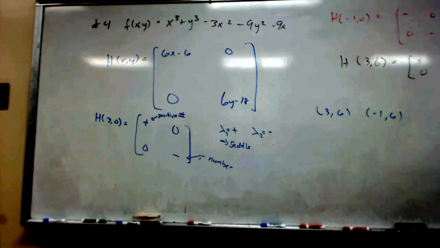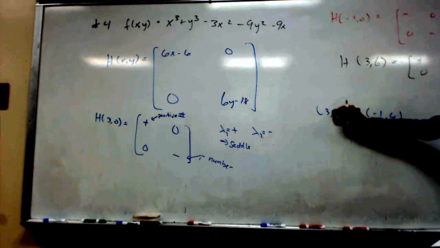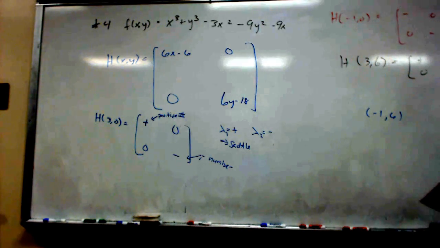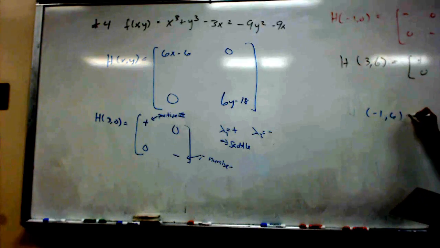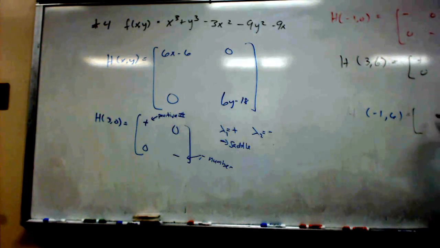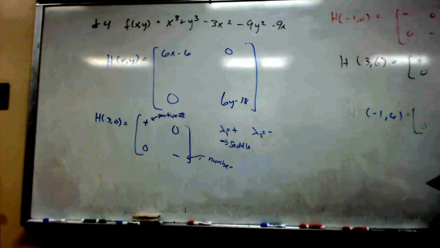So it's concave up in this case, so it's a local min. And you can't do this at your desk, but I can do this. Put an H in there. So if I get this, I just need the signs. I get a negative here, 0, 0, and positive here, another saddle.